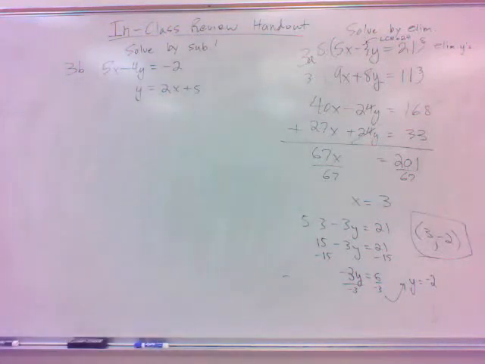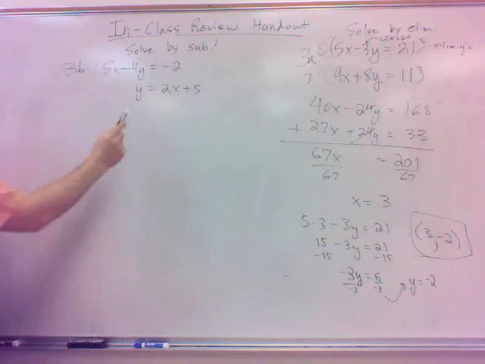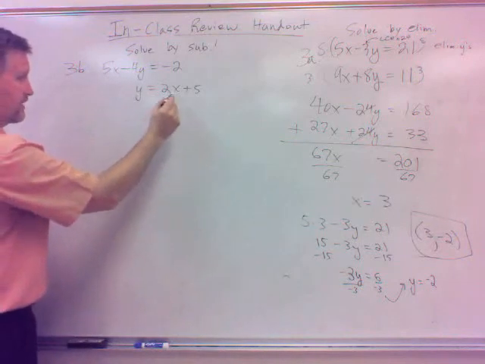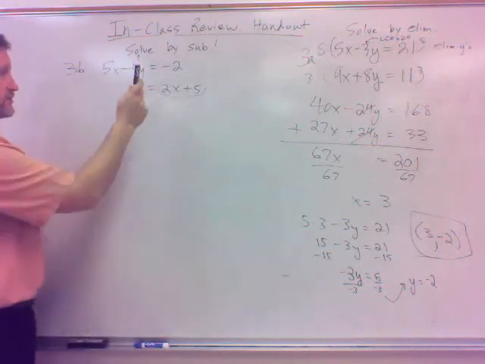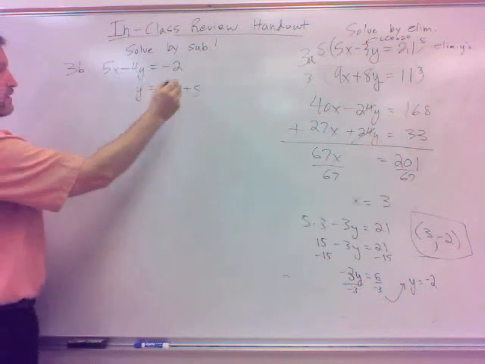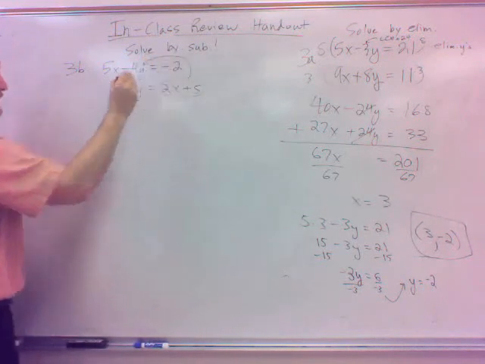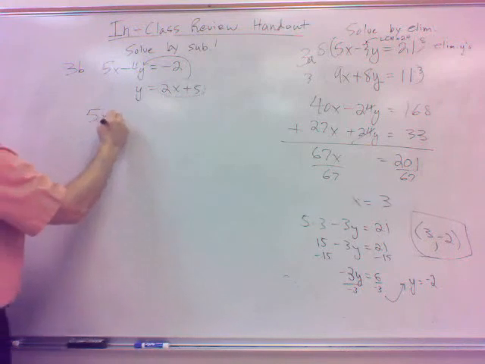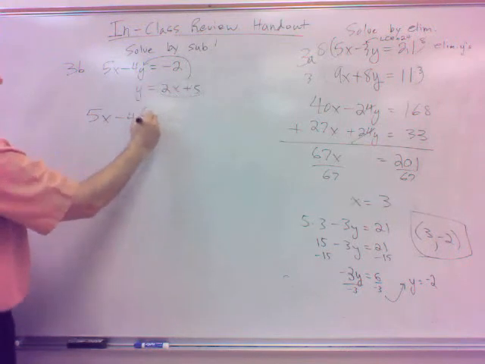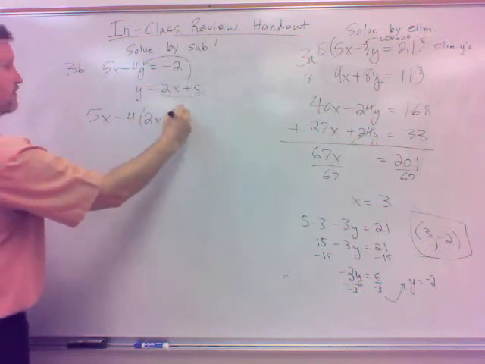Because we've got y equals 2x plus 5 on the bottom. This is saying y is equivalent to 2x plus 5, so I can take that 2x plus 5 and substitute it for the y up in the other one. So that's 5x minus 4 times (2x plus 5) equals negative 2.